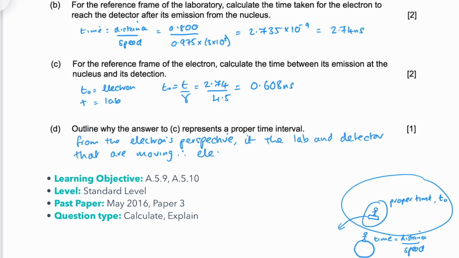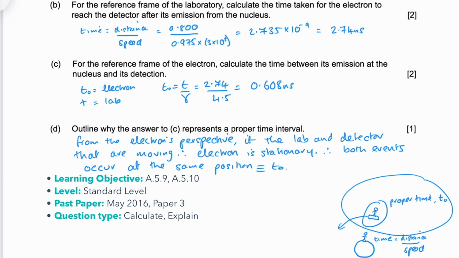Therefore, the electron is stationary. Therefore, both events occur at the same position. Which goes to proper time.